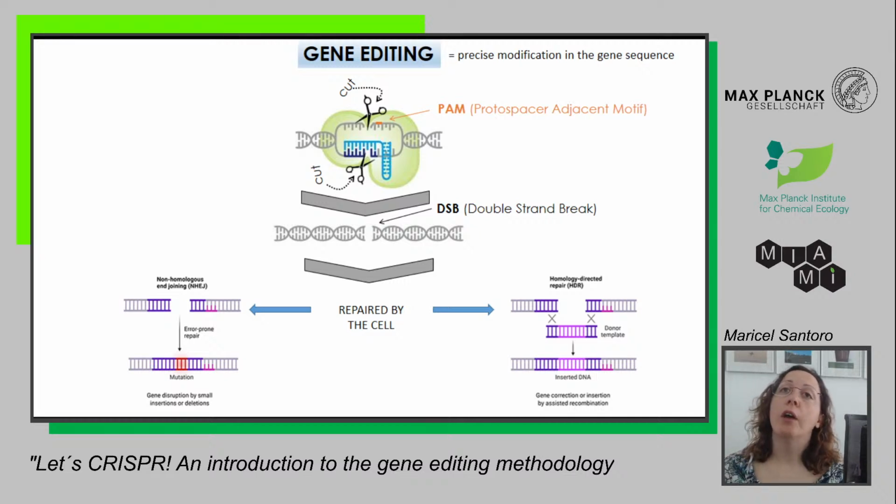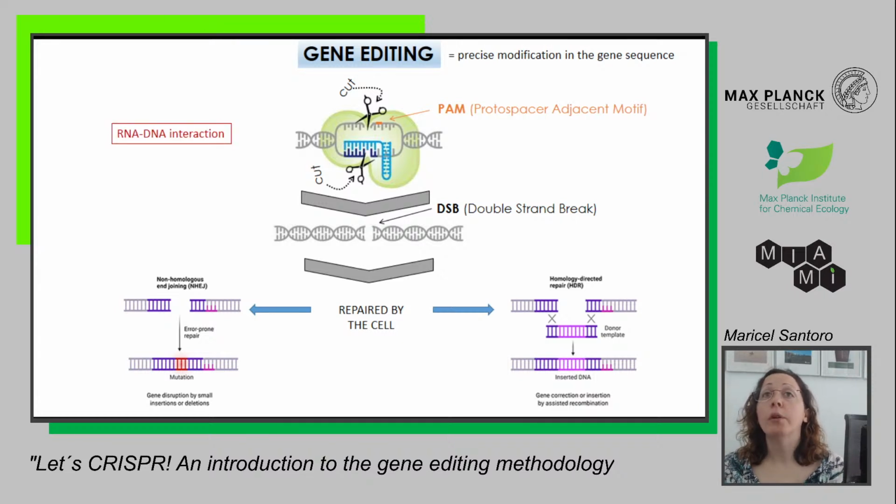So if we give the plant a donor which has a sequence similar to the overhang on the double-strand break, we can actually insert DNA in this place of cutting. So we can mutate a gene to annul its function, or we can insert a new gene in the DNA.